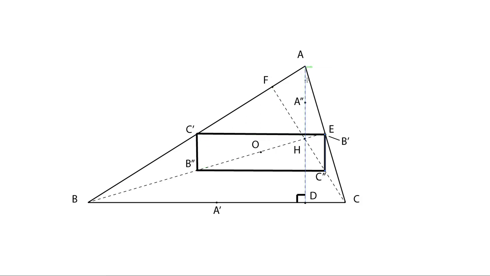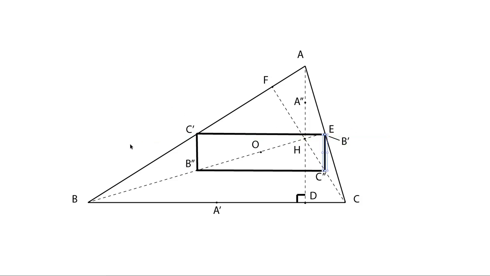And if it's parallel to AH, it is also perpendicular to BC and these two lines. So not only did I make a parallelogram, but C prime, B double prime, C double prime, B prime is a rectangle, and it looks pretty rectangular right there.